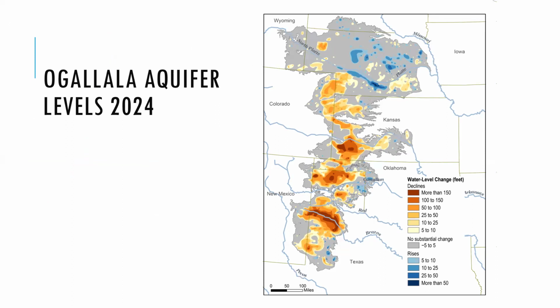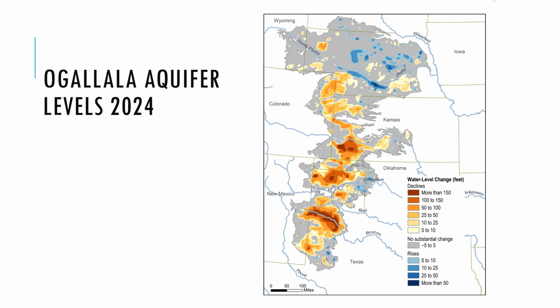Now some of the parts of the aquifer, as you can see in blue, are being refilled. However, I do want you to compare the blue parts to the parts in the orange and the red to the deep red, which of course are the parts that are being depleted. And comparing the two is kind of a scary thought, I feel.